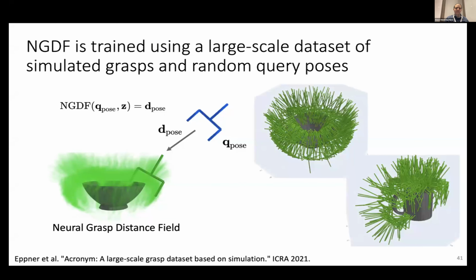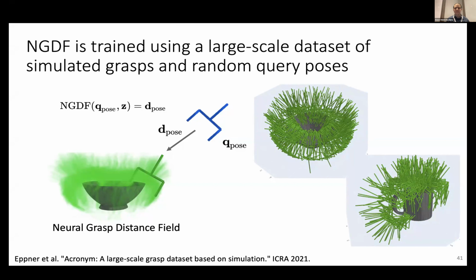Okay, so we're going to train this on a large data set of simulated grasps and random query grasp poses. We base this off of the ACRONYM data set, although ACRONYM was labeled using NVIDIA's Flex simulator, and we're using PyBullet.